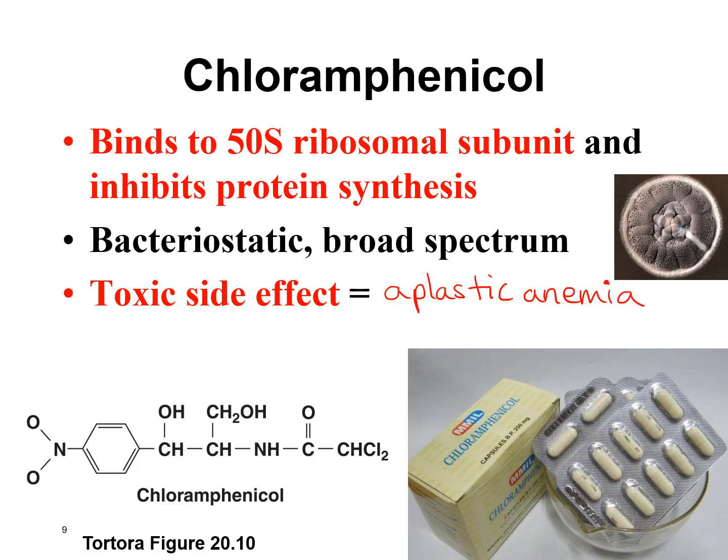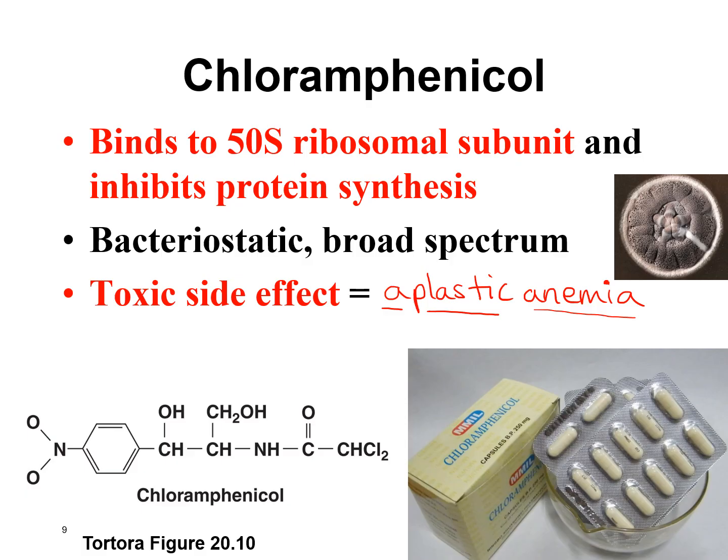So what this is, A means without, and plastic is growth. And anemia is talking about you've got a low number of blood cells. And what happens is chloramphenicol triggers an autoimmune disease where your immune system attacks the stem cells in your bone marrow and kills them.